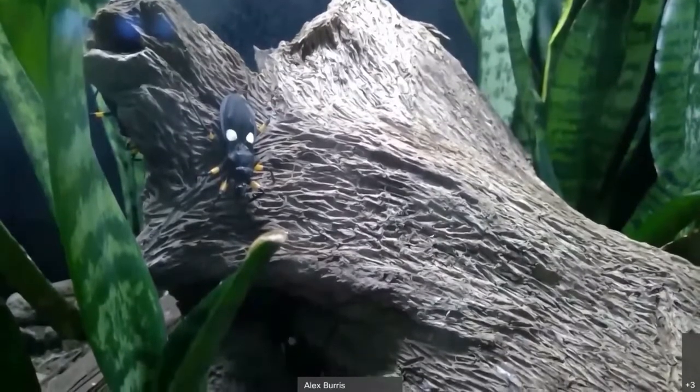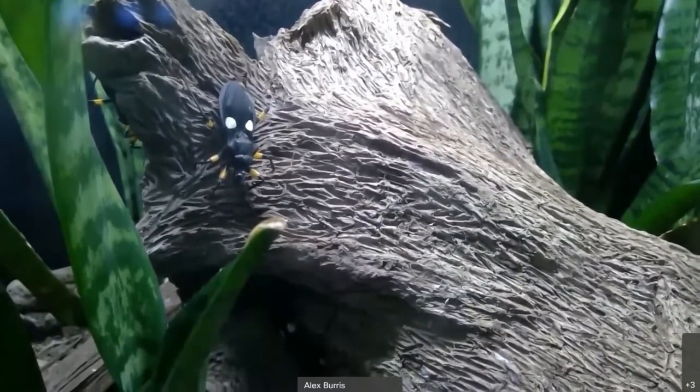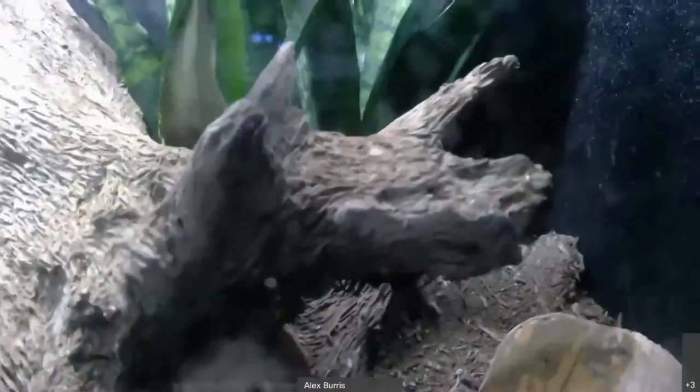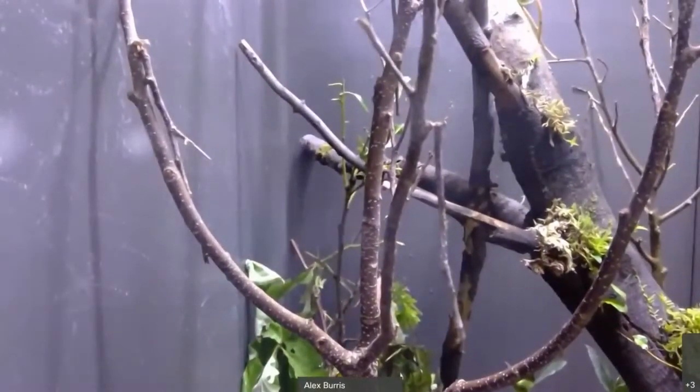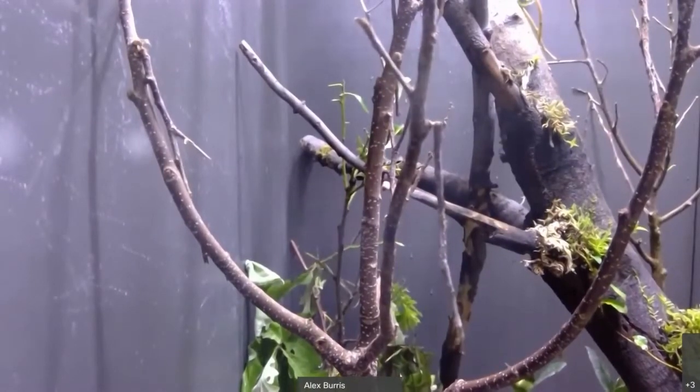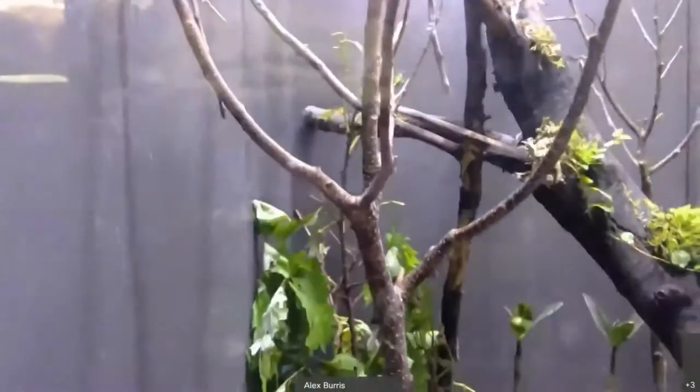So a little bit gross, but a little bit cool too. Do they call those kissing beetles? Is that what they call them, Greg? No, those are called, yeah, assassin bugs. Yeah, aptly named.